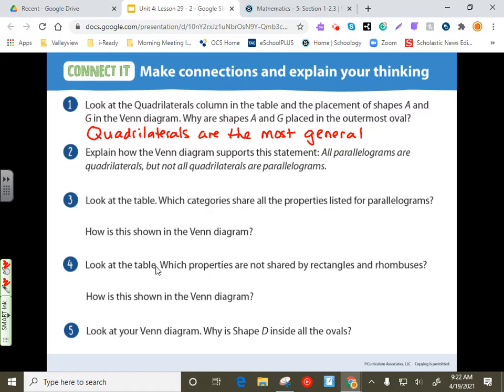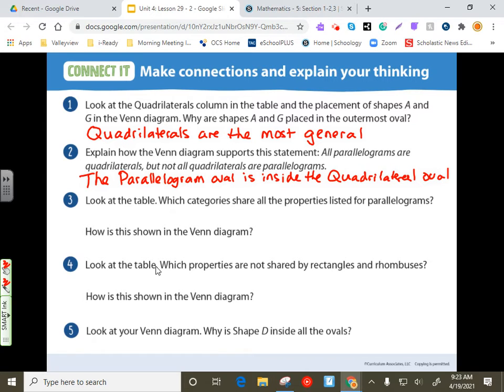Explain how the Venn diagram supports this statement. All parallelograms are quadrilaterals, but not all quadrilaterals are parallelograms. This is because that parallelogram oval is inside the quadrilateral oval.